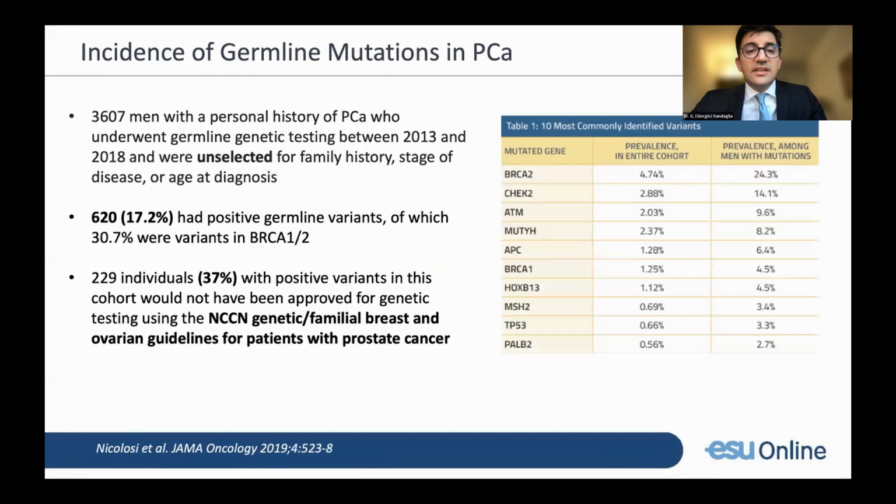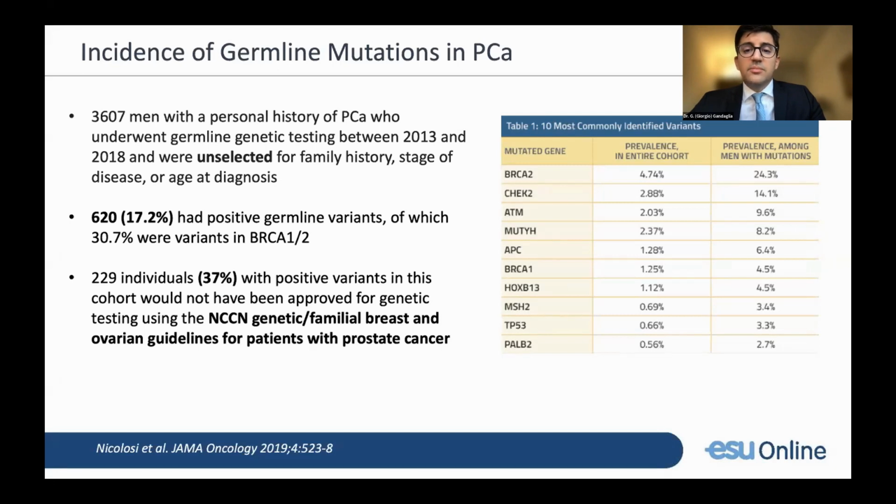They are absent in the gametes, and we can detect them by testing somatic mutations in the tumor specimen. And this is the incidence of germline mutations in prostate cancer. This is a nice cohort of more than 1,300 patients who were actually unselected for family history, stage of the disease, or age at diagnosis, and all these patients had a personal history of prostate cancer. Up to 17% had positive germline variants, and among them, approximately 1 out of 3 had a variant in BRCA1 or 2.